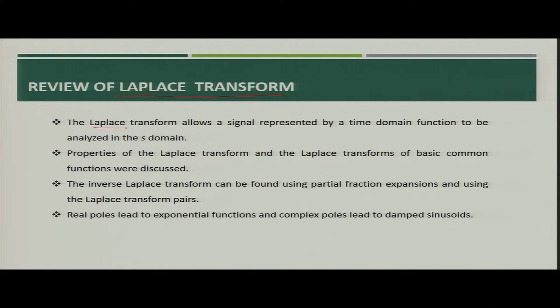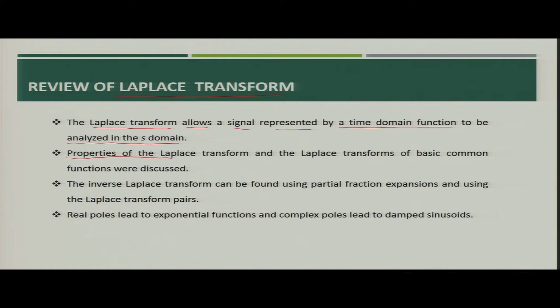Basically, the Laplace transform allows a signal represented by a time domain function to be analyzed in the S domain. If you have a signal with some function in time domain, that can be represented in S domain for analysis.